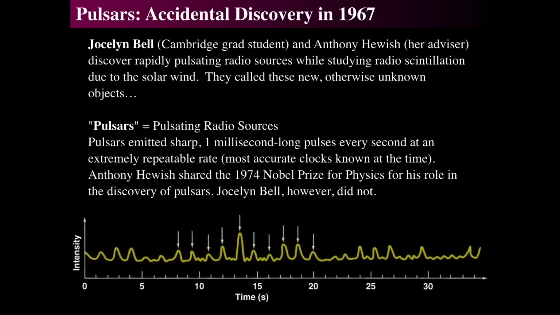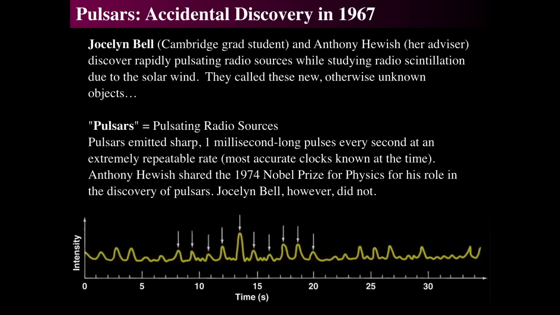And so they were taking really fast samples and trying to do a big amplification on top, because it's basically a big radio amplifier. And what they found was that something was pulsing. They found a pulsar that was pulsing with about 1 millisecond long pulses, these tiny pulses once every second or so, at a very regular rate. And what happened was that they just thought this was an amazing object.